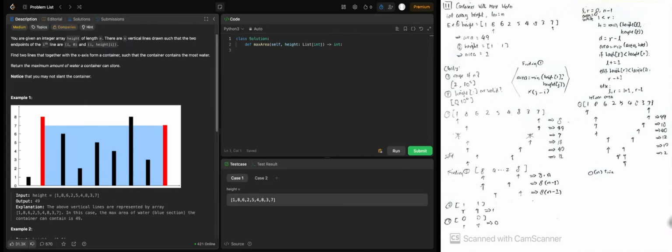However, if we move the right one to the left, it actually makes the size become smaller, because in here it becomes 7, so that we got a smaller volume. So we don't want to do that.